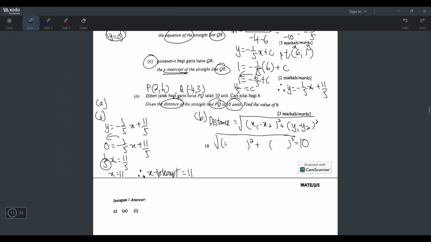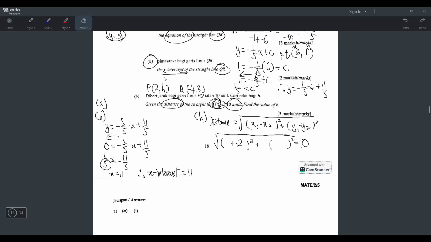So the formula is x minus x. Since I'm finding the distance of PQ, I will take P's x coordinate minus Q's x coordinate, which is 2 minus negative 4. Actually, you can take negative 4 minus 2 also. It's the same. Just take x minus x. And then the other bracket is y minus y. So let's take 3 minus h. But it doesn't look nice, right?